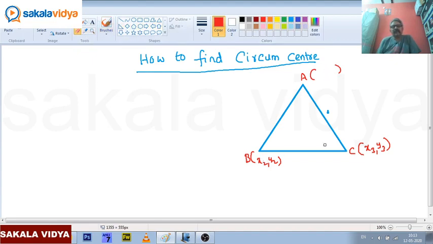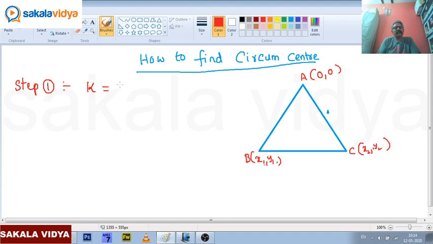Later we go for the general case. Say one of the vertices is (0, 0), and the others are (x1, y1), (x2, y2). Okay, step 1. In order to find out the circumcenter, step 1 is to find the k value.